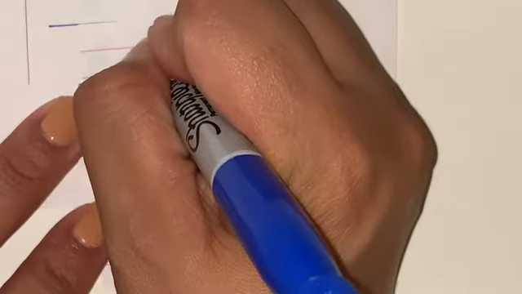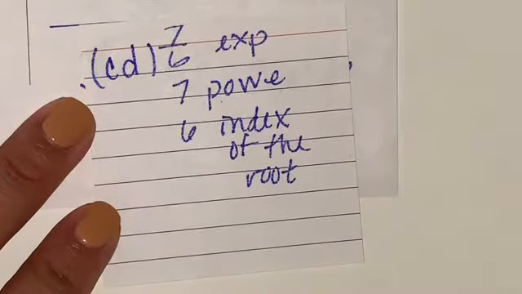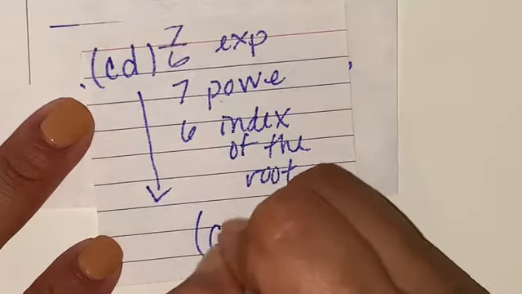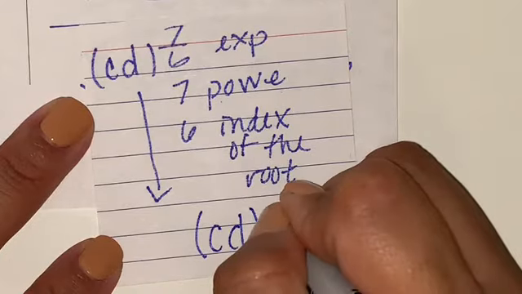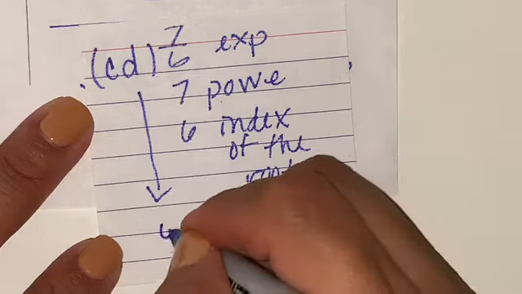So if we had to do this again and we said CD to the 7/6, my solution would be CD to the 7th, and then you have my 6th root.